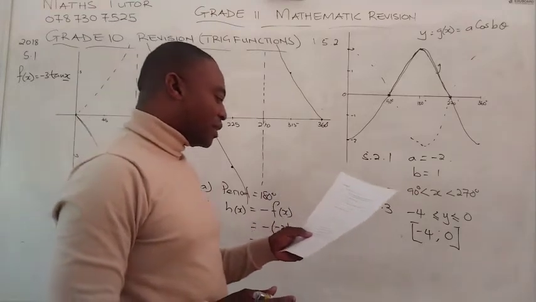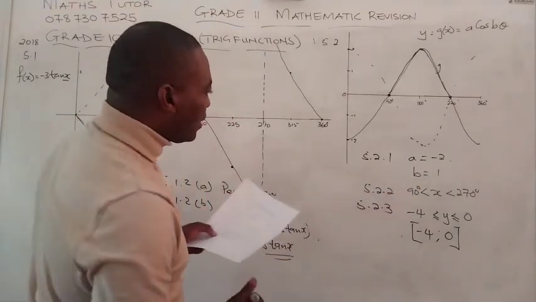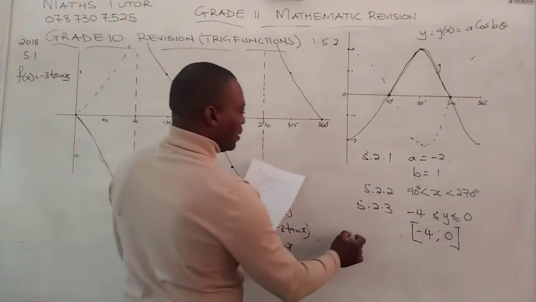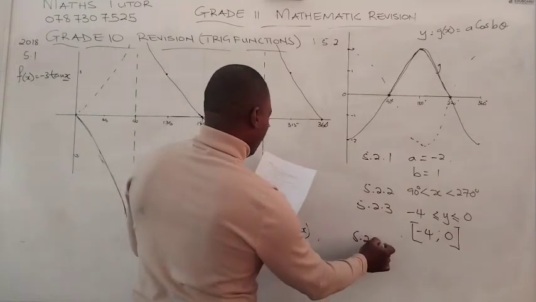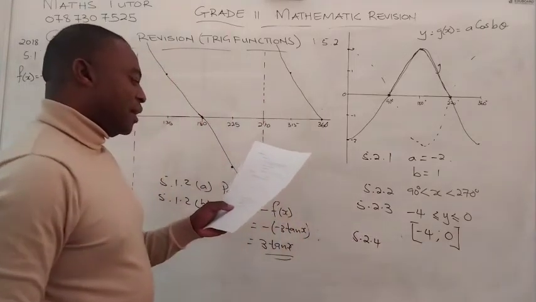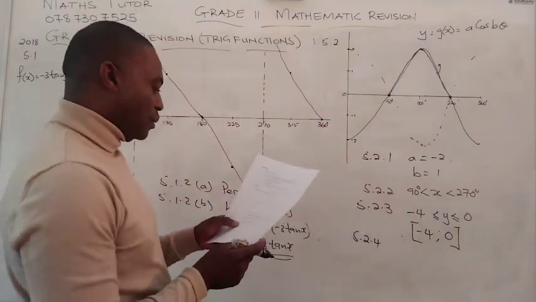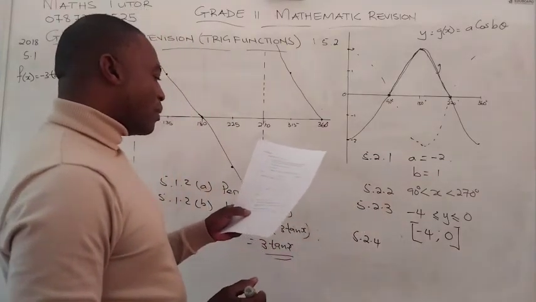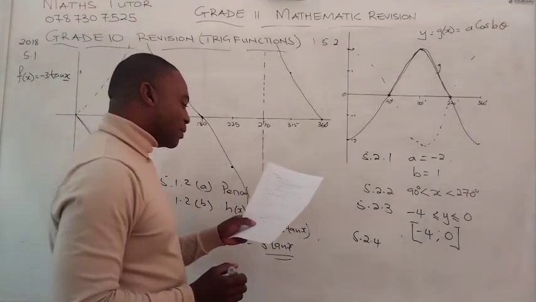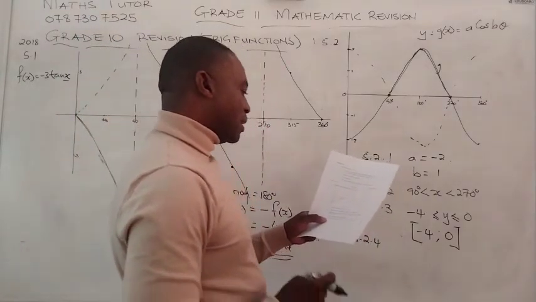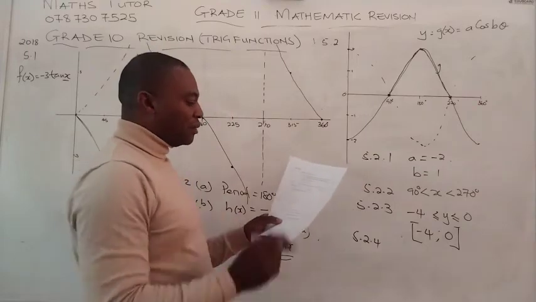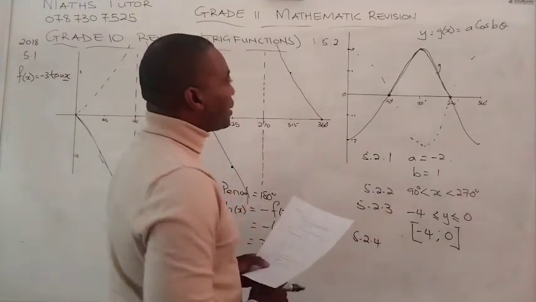And then the last question, determine using the graph the value of -2 into cos 0 plus cos 1 degree plus cos 2 degrees plus ... until you get to 360 degrees.